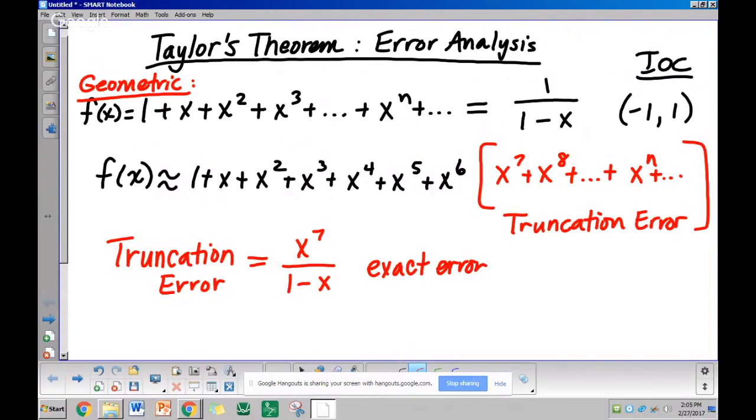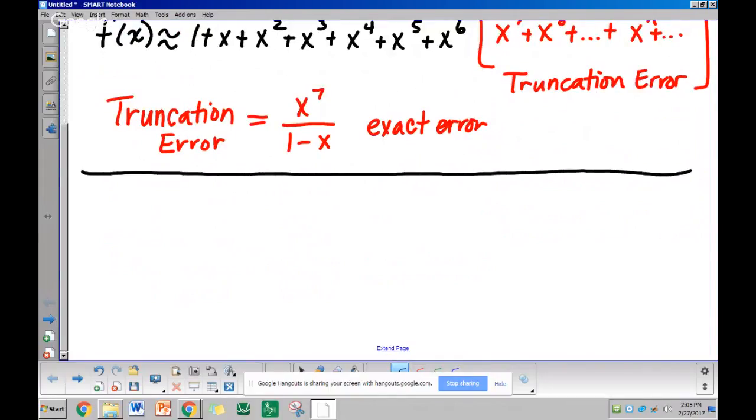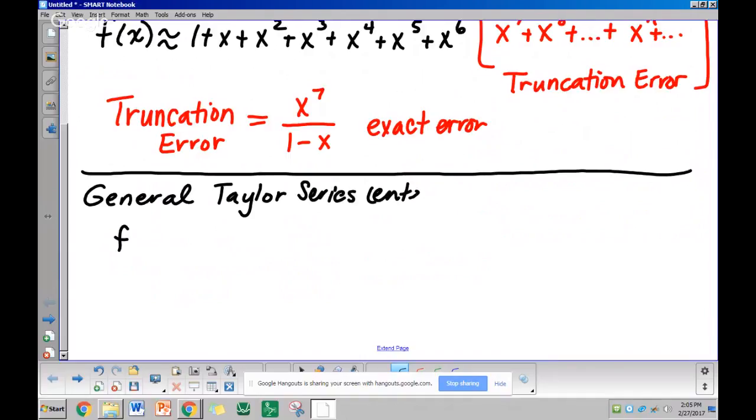What if we have the general Taylor series, centered at a? I can say that f of x is equal to, what is our formula for it centered at a?